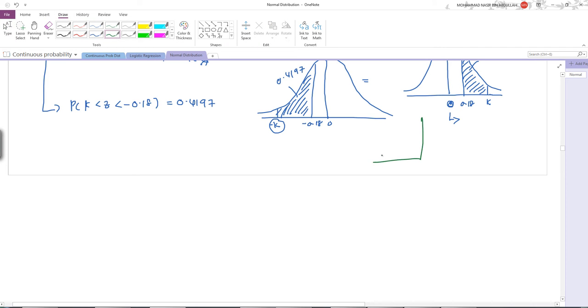Okay, to find this area, apa kita buat? Kita ambil the whole area, which is this area, 0.18, the whole area dekat sini, minus K, area on the K. So you will get this area kan?